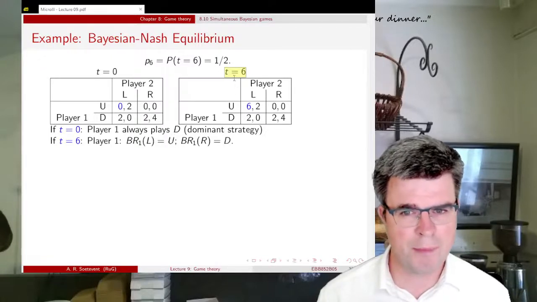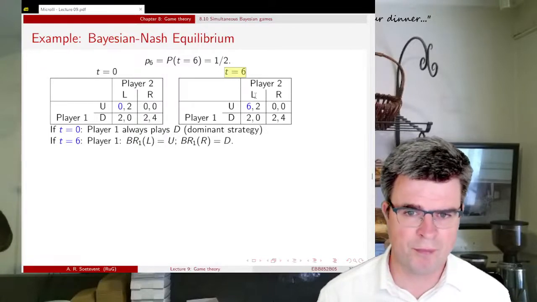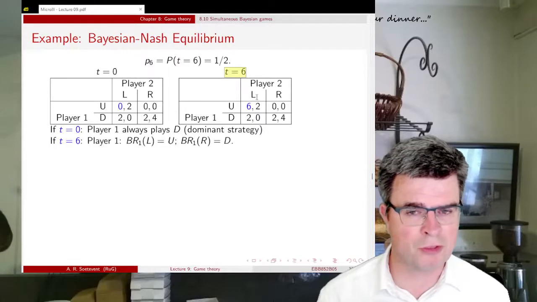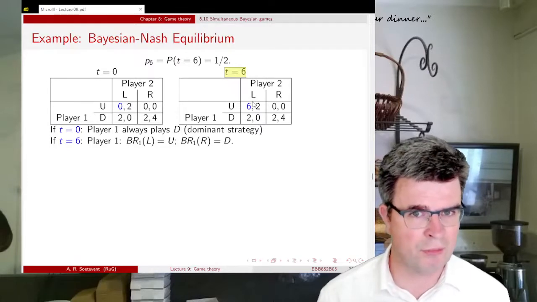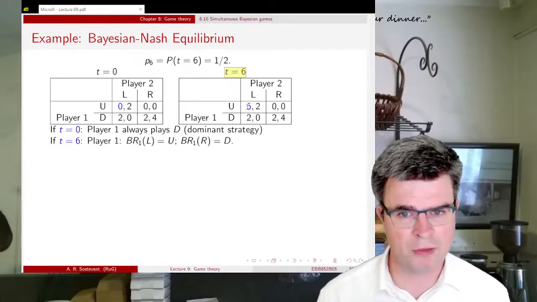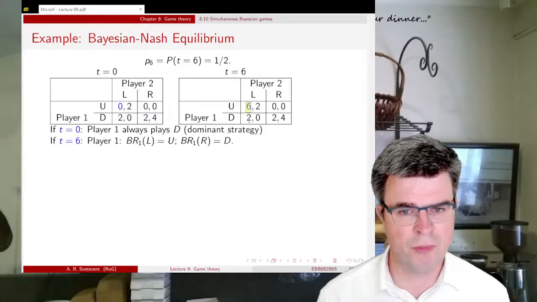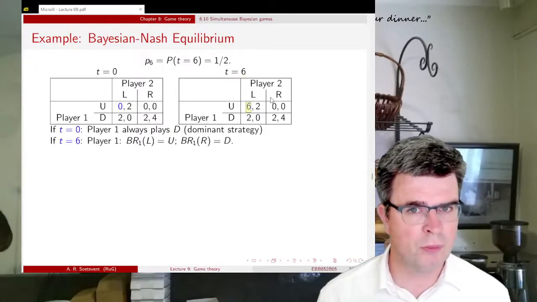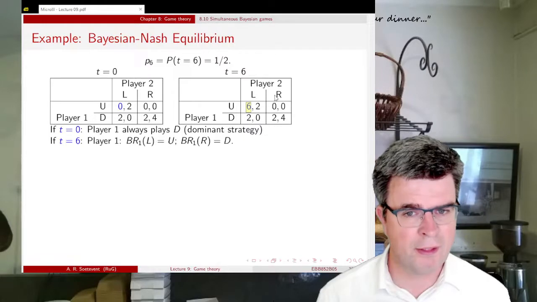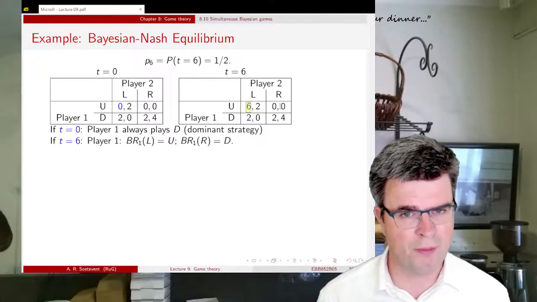If he is of type T is 6, well, then his optimal response to player 2 playing left is to play up, because that gives a payoff of 6 instead of 2. But if player 2 decides to play right, then the optimal response of player 1 is to play down, because 2 is more than 0.